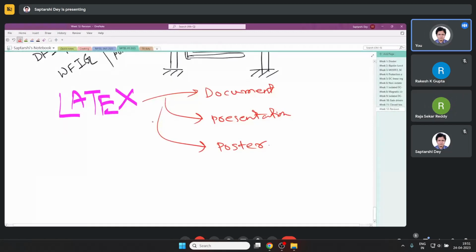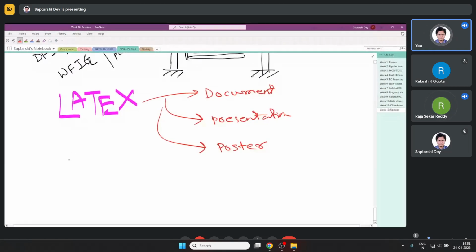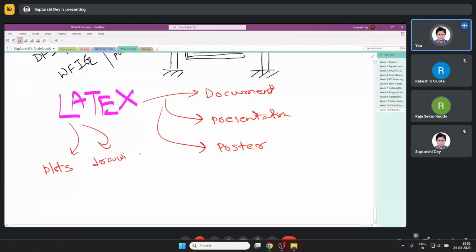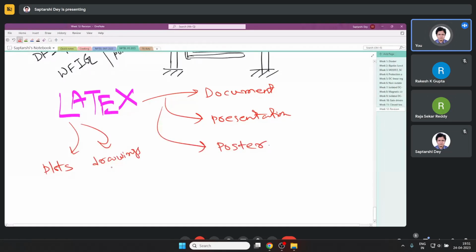Not only that, these are the kind of documents you can make. Apart from that, what we also make in LaTeX are plots and drawings. When I say drawing, I mean engineering drawing as well as circuits.